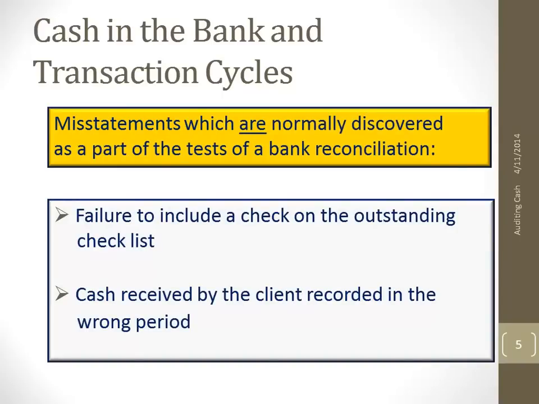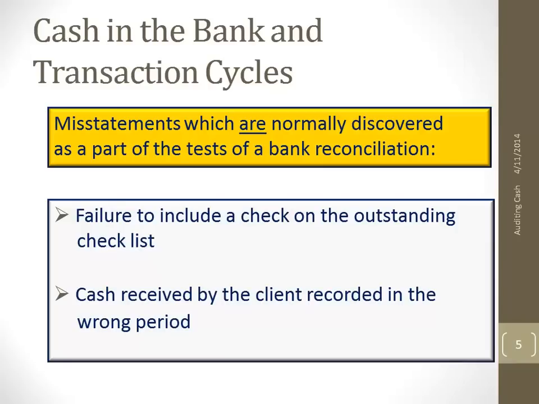Other types of misstatements which would normally be captured or discovered as a result of doing a bank reconciliation is whether or not there was a failure to include a check on the outstanding checklist, right? Because if you issued a check, eventually it's going to clear the bank, and so you will see that as a reconciling item between the books and the bank statement. And then cash received by the client recorded in the wrong period.